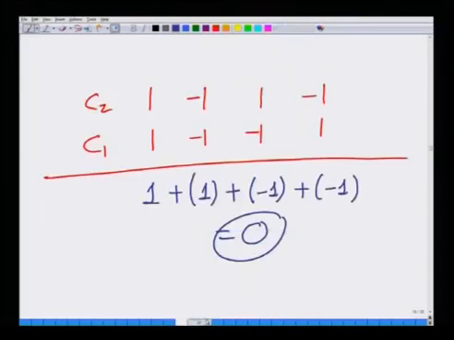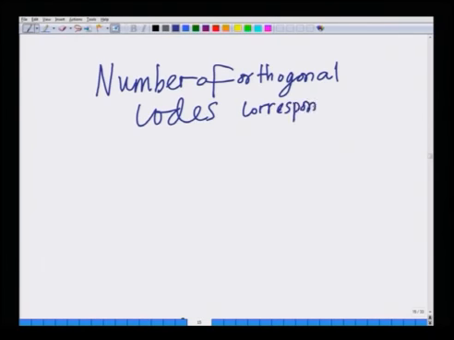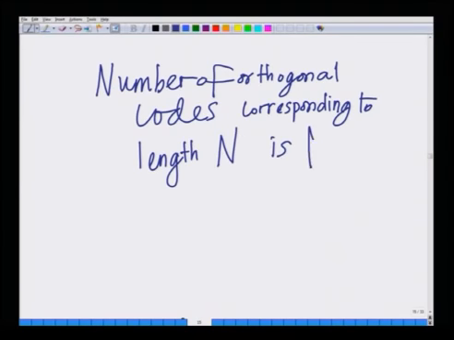So, let me write that down here: number of orthogonal codes corresponding to length n is n.